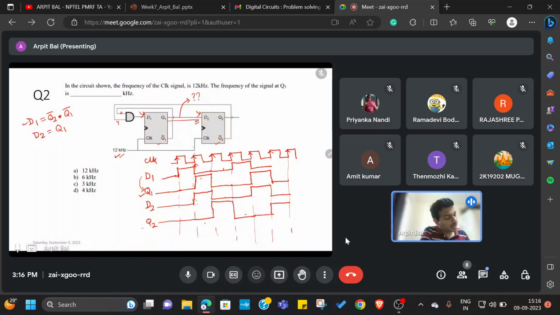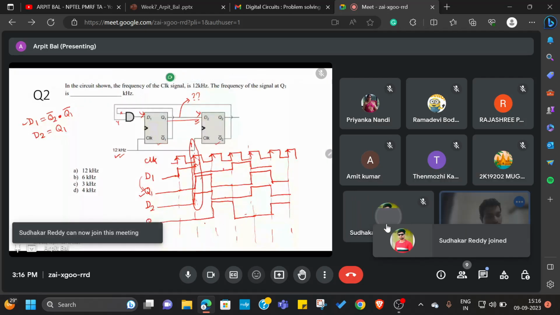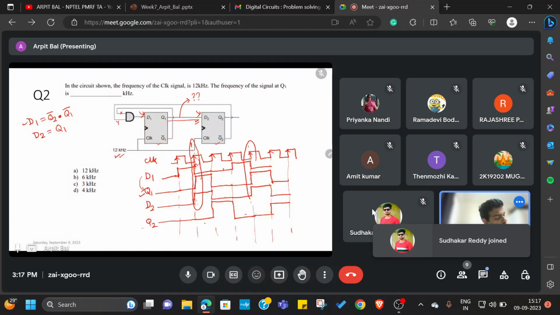Now let us figure out what is the frequency of q1. To do that, let me mark this point like this, and let me look at the point when it is repeating its value again. This is the point when it is becoming 1 again and repeating its value.